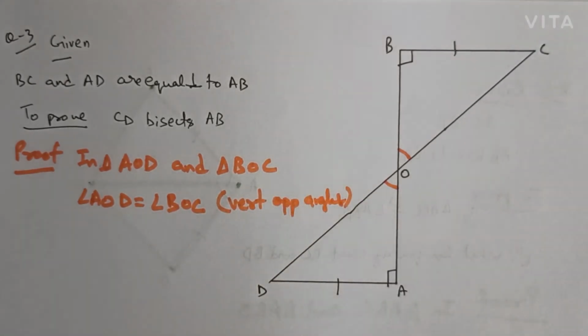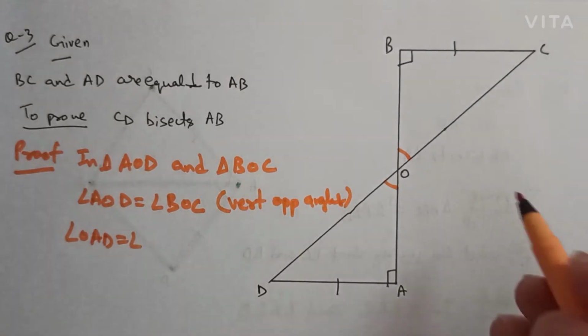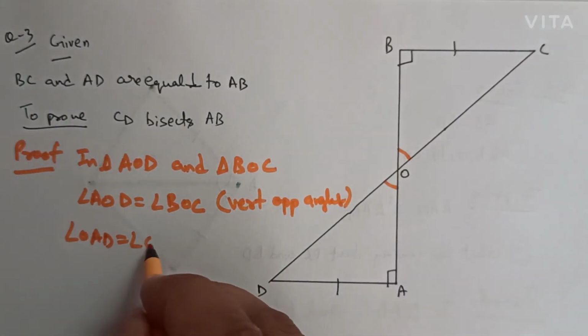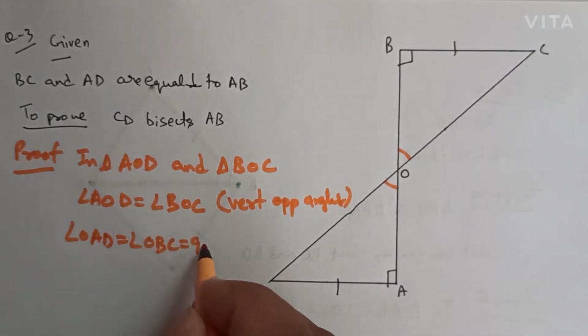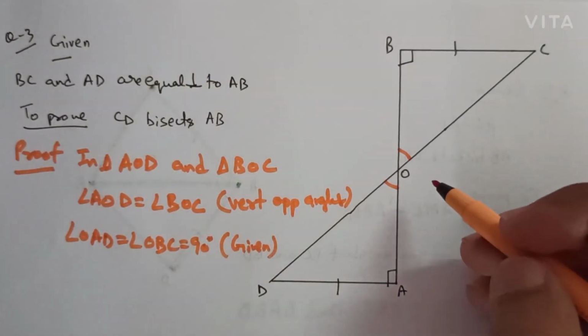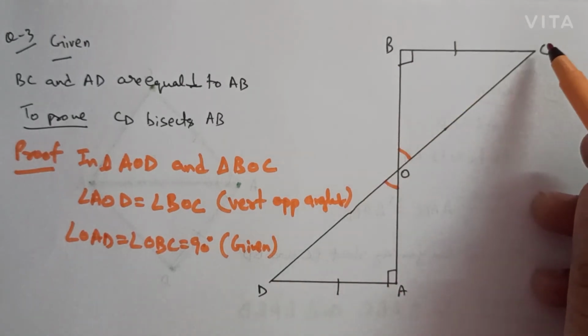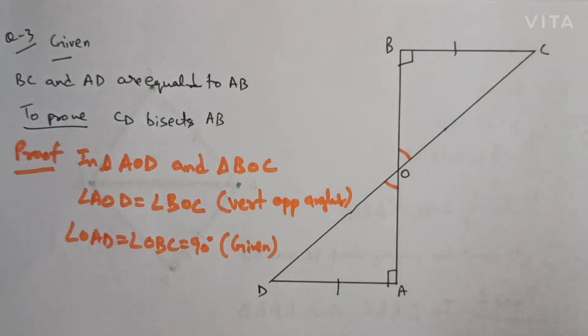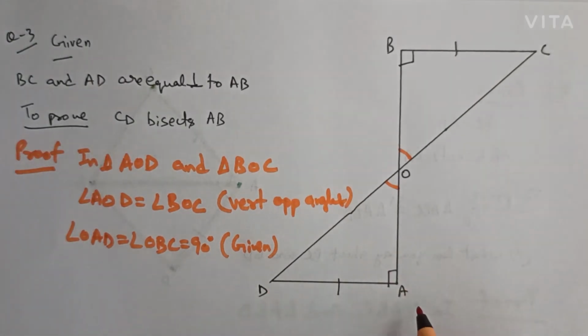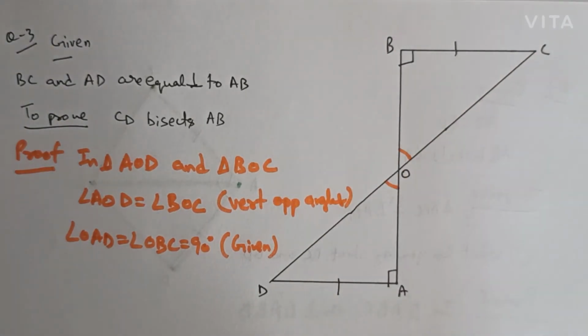Okay, and angle OAD is equal to angle OBC equals to 90 degree. Since it is given that this AD is perpendicular and BC is perpendicular over AB, so OAD and OBC will be 90 degrees. So it is given.